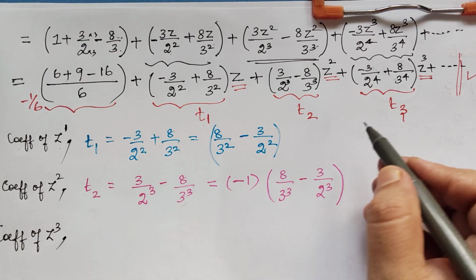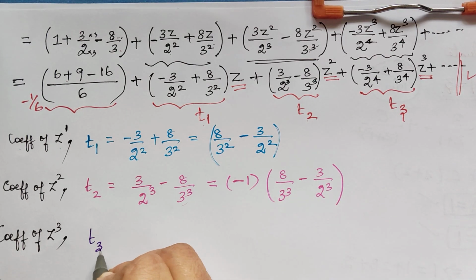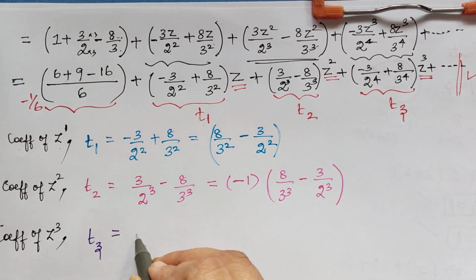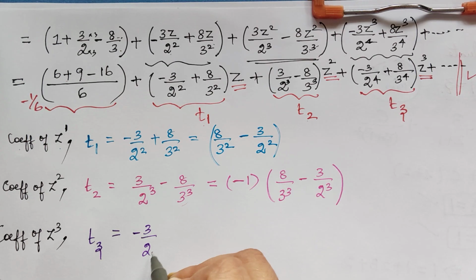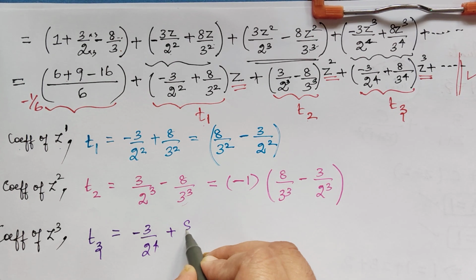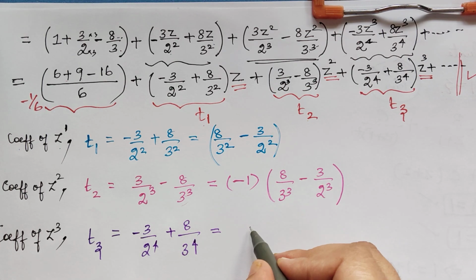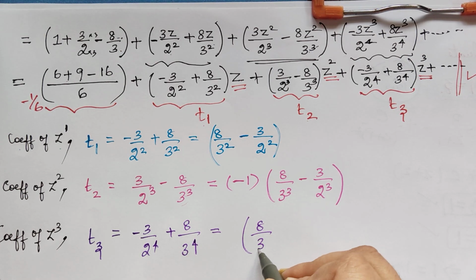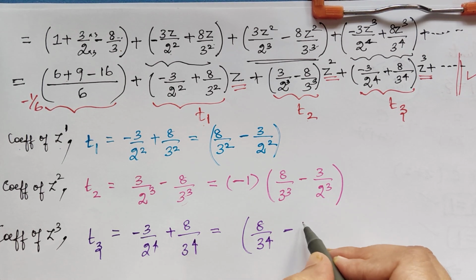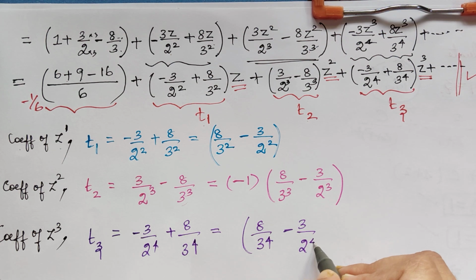So the coefficient of z cube is T3, which is equal to minus 3 by 2 to the power 4 plus 8 by 3 to the power 4, and so this can be written as 8 by 3 power 4 minus 3 by 2 to the power 4.